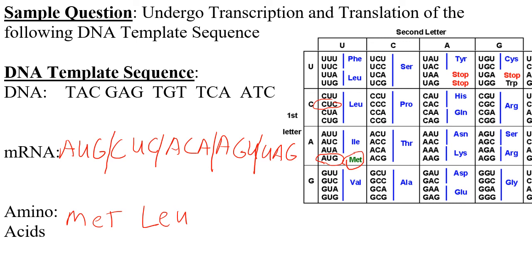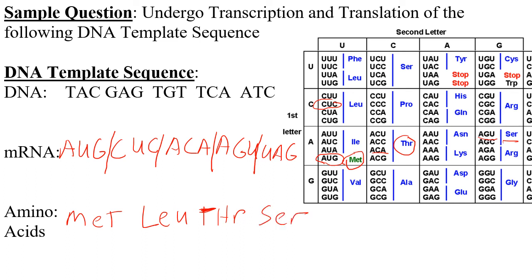Then ACA. Let's find ACA. Right here, ACA, THR. There we go. Then AGU. AGU is over here, and that codes for serine.